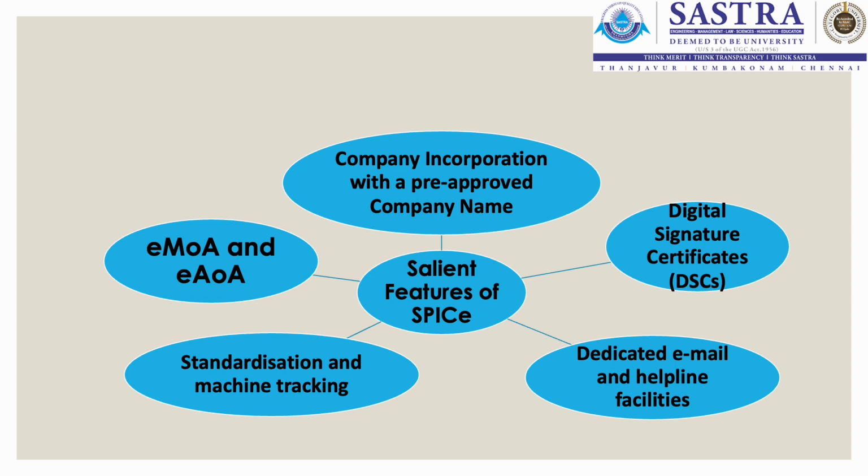And the memorandum of association and the articles of association are in the standardized form, and all have to follow the standardized form that had been given in the portal. And not only that, the promoters and the directors can track the documents that had been uploaded, and if anyone had done any changes in the document, all these can be tracked online.